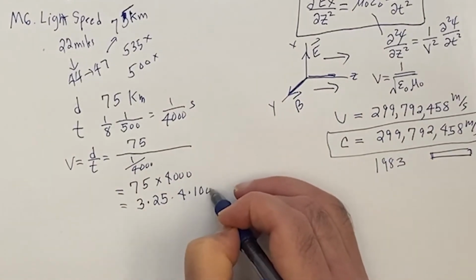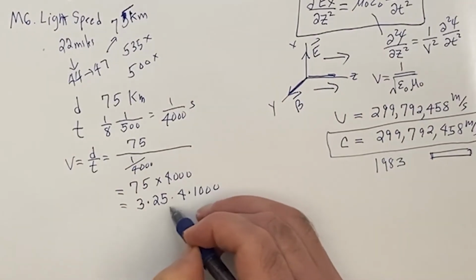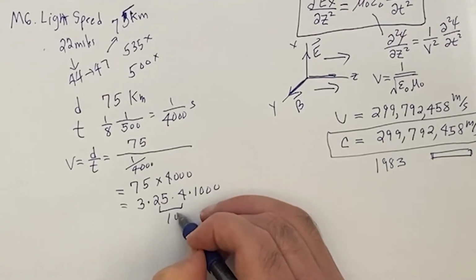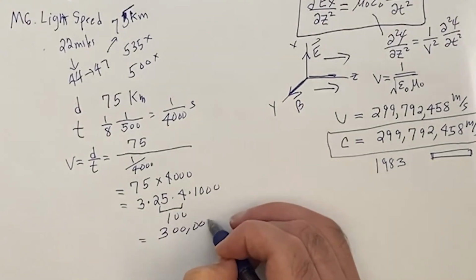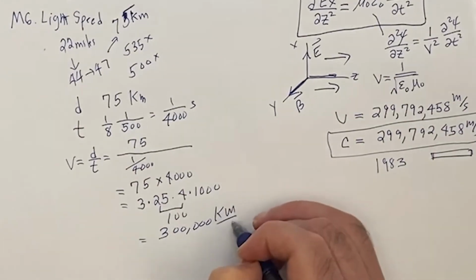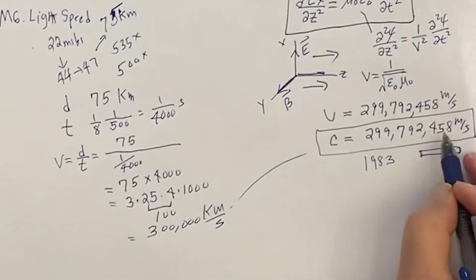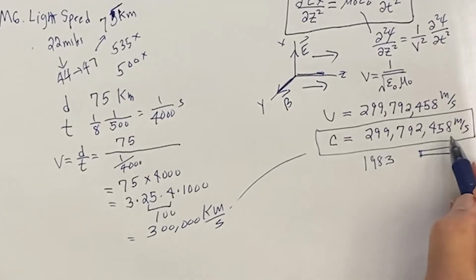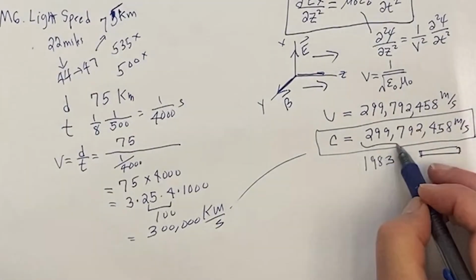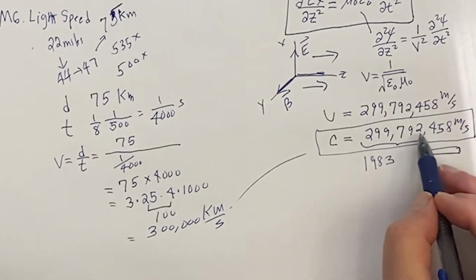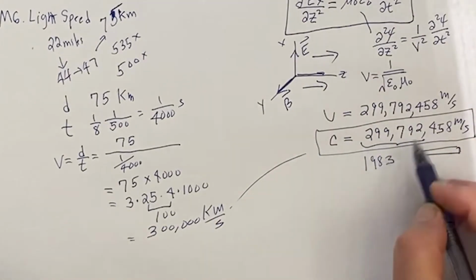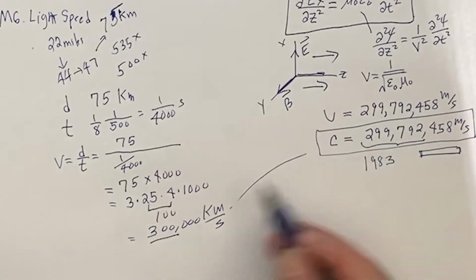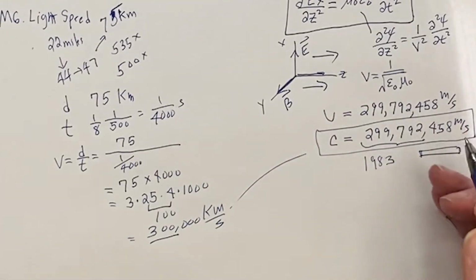When you work this out, 4 times 25 is 100, and then you get 300,000 kilometers per second. If you look at this, this is meters, so if you want kilometers, you're looking at these. But that rounds off to 300, if you want 3 significant figures. So you get it. Very nice.